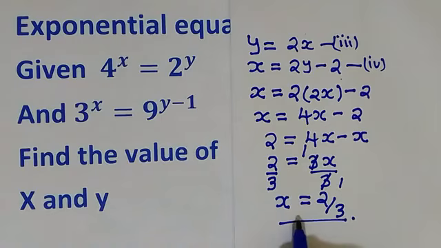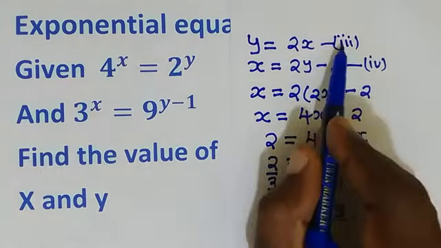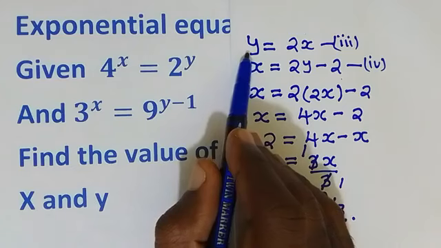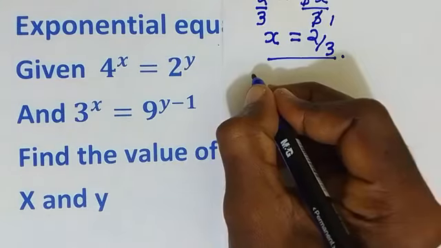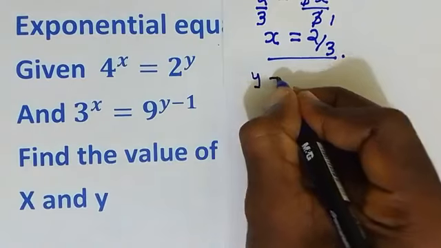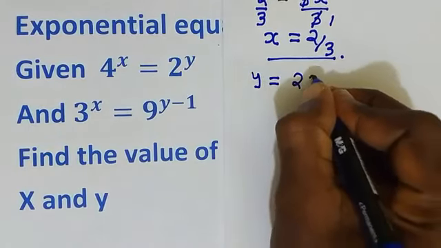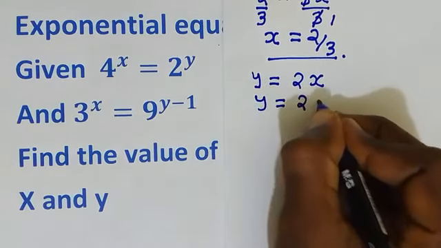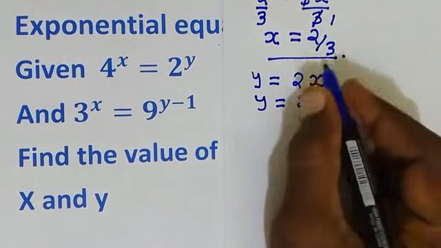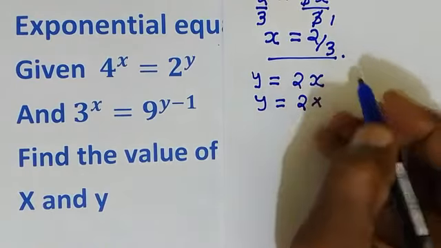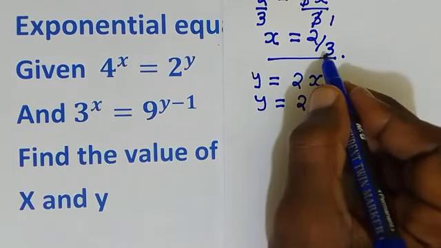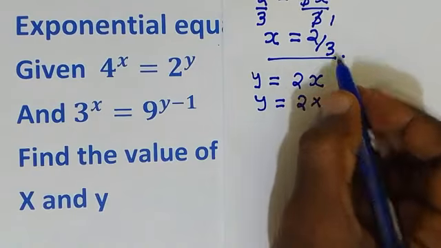Now we have the value of x. We are going to substitute into equation number 3 to get the value of y. y is equal to 2x. So y is equal to 2 multiplied by x, which is 2 over 3.